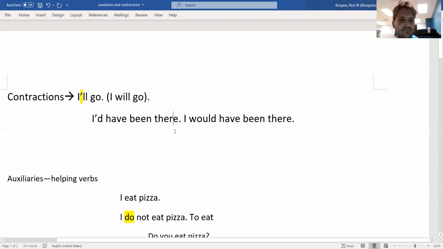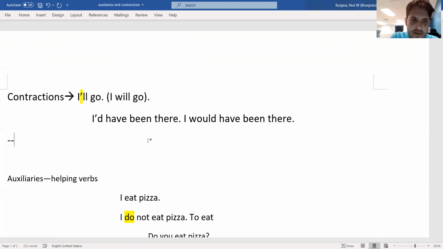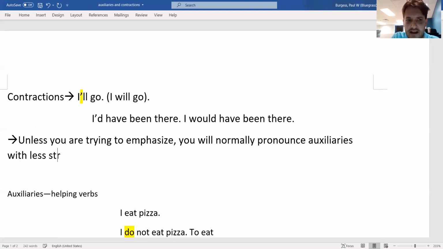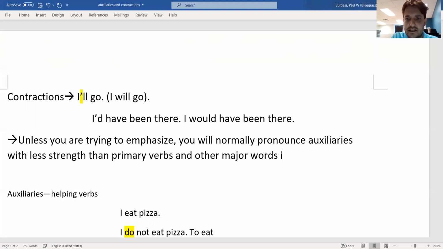All right, so one of the things then that I would say is a good principle to remember is that unless you are trying to emphasize something, you will normally pronounce auxiliaries with less strength or focus, force, than primary verbs and other major words in a sentence.